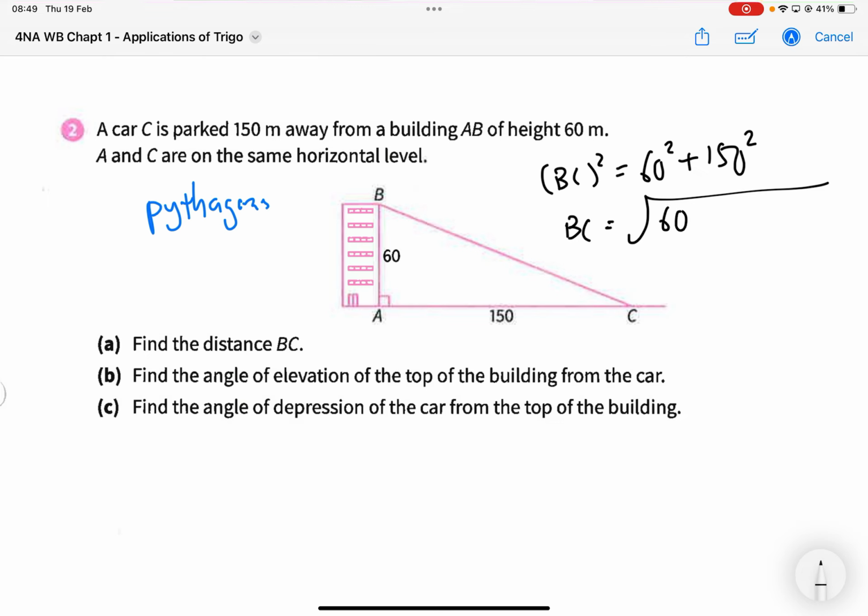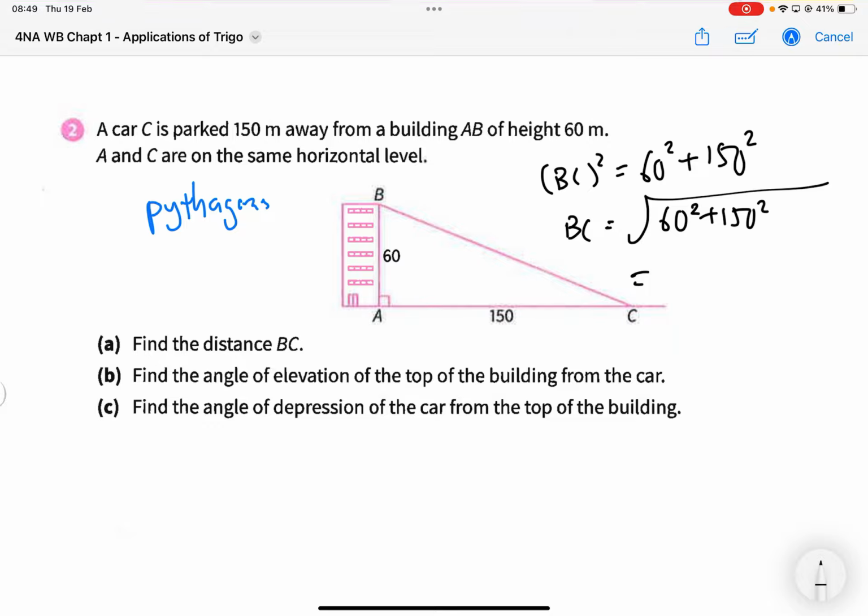Then I want BC, I don't want it being squared, so I need to square root both sides. If you know a bit of your algebraic manipulation, you form the equation already. From BC square you want to become BC, you square root. Then because I square root the left, I have to square root the right. So if you know a bit of your algebra, this equation becomes very easy to remember. Then calculator.